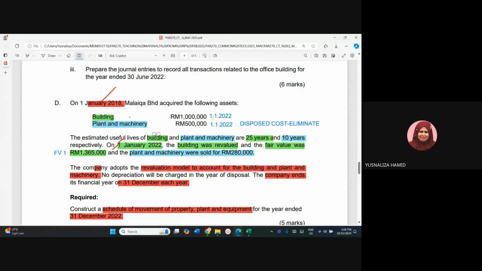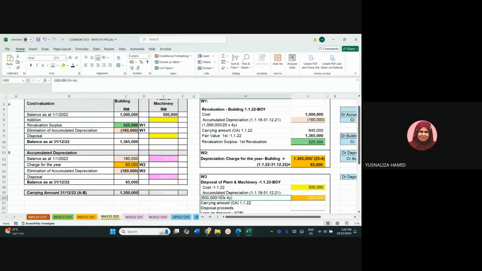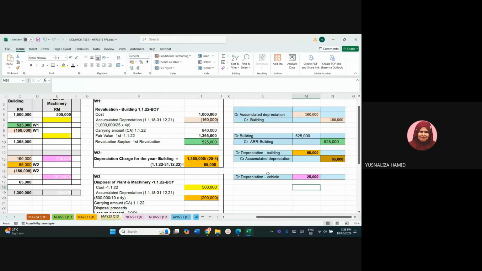So you need to go and find depreciation for 4 years for machinery. So you will repeat the same procedure, but you take the 500,000 divided by 10, multiply by 4 years. So you have 200,000.